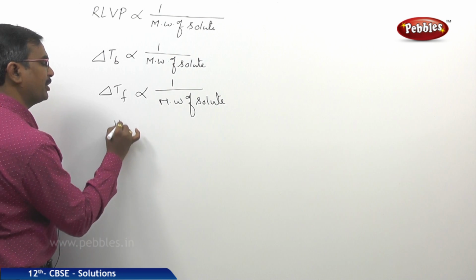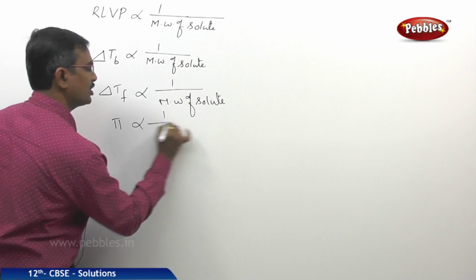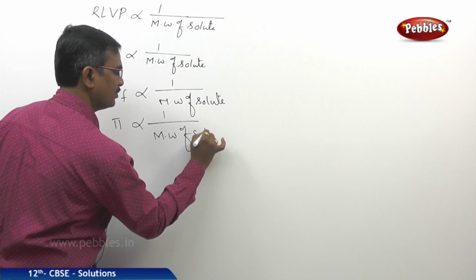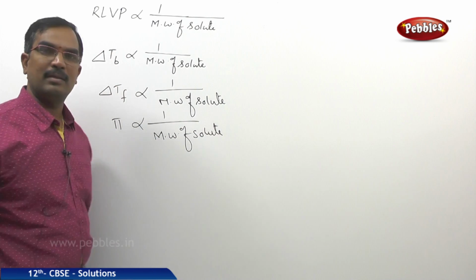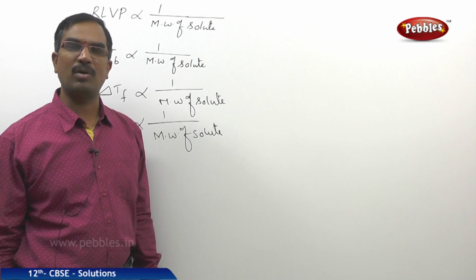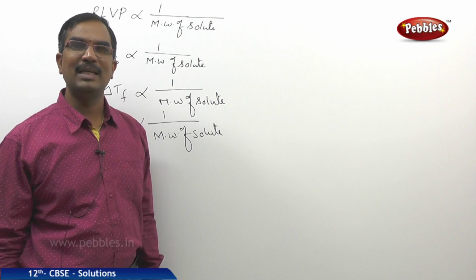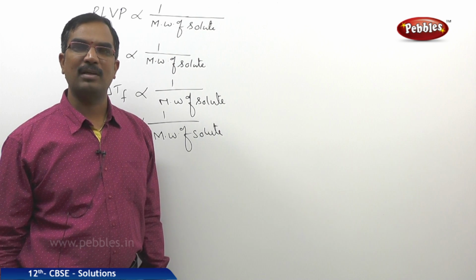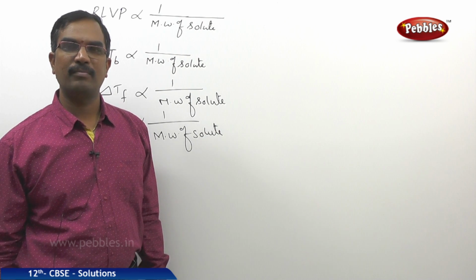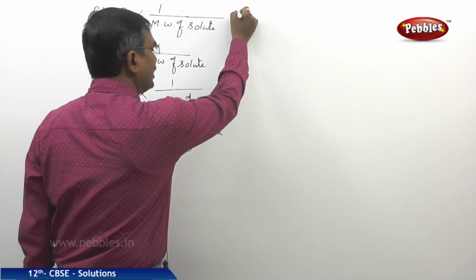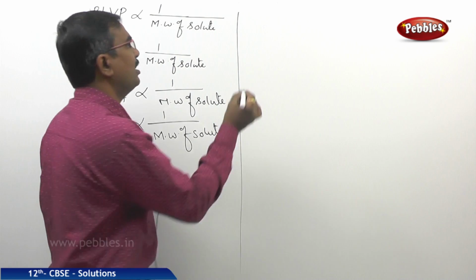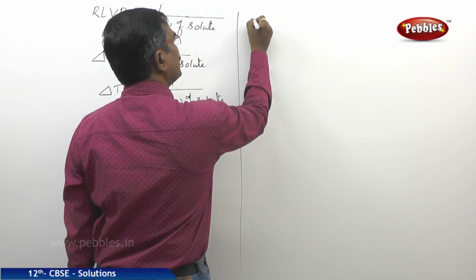And osmotic pressure is also inversely proportional to molar mass of solute. That means all these colligative properties are inversely proportional to the molar mass of the corresponding solute.